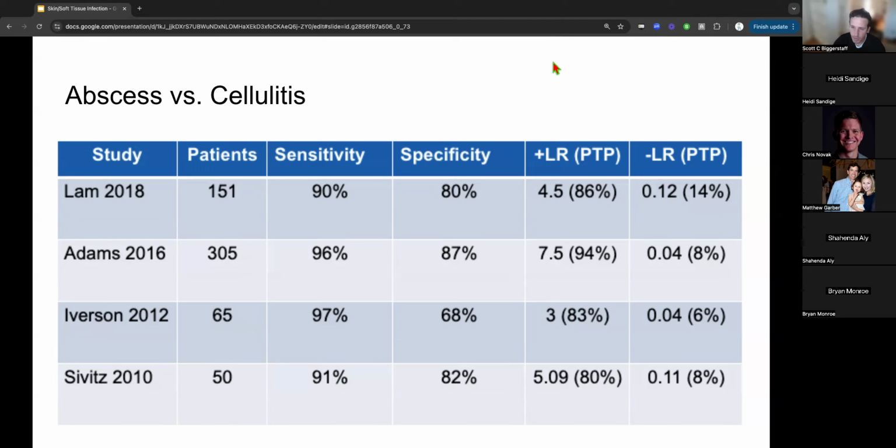And so the studies generally focus on ultrasound's ability to help enhance the provider's clinical judgment in saying there is or is not something from which we can express pus. These were all pediatric studies. There's quite a few more in the adult literature, but generally it's going to lend quite a bit of credibility to the diagnosis of abscess or to the absence of one.